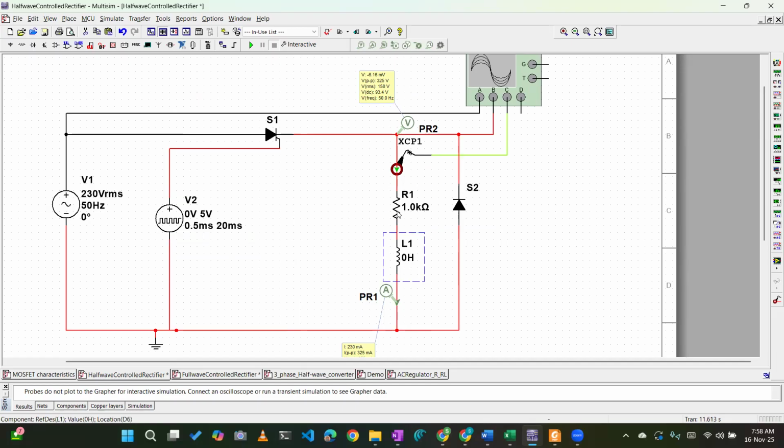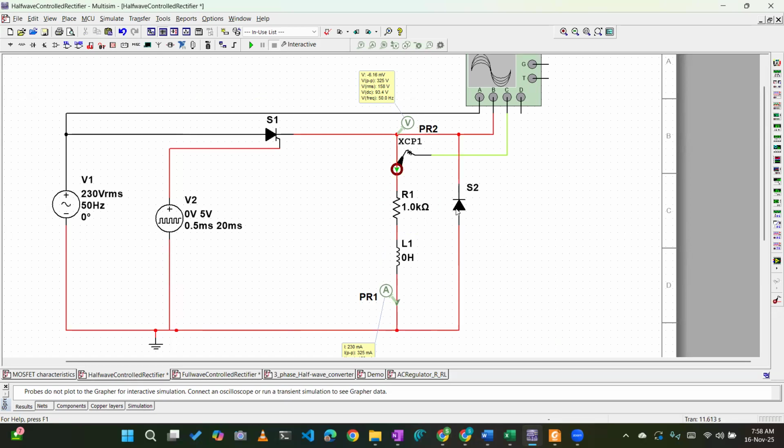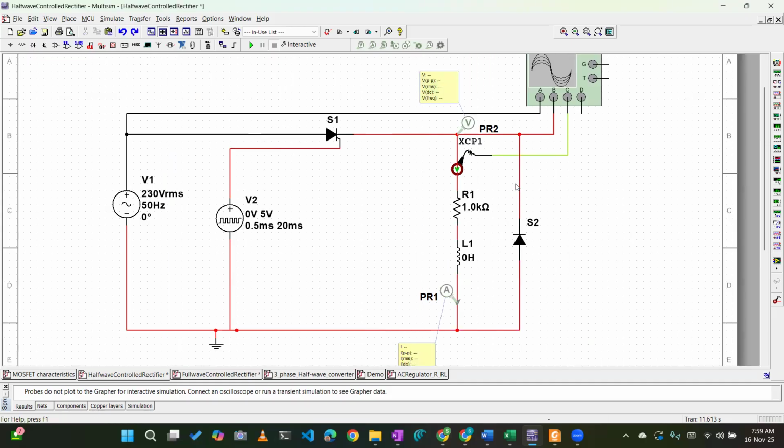The R load means inductance will be zero. Then for RL load, you will put another positive value, which will be specified to you. Then with the freewheeling diode, simply you will put the freewheeling diode later. So three parts, no need to do it multiple times. Only one time the circuit will be made. Then you can edit, delete each of them, and the rest of the things are the same.